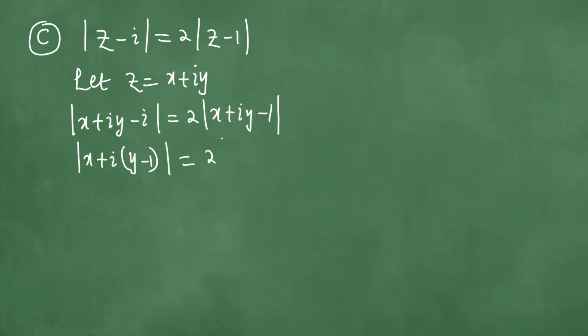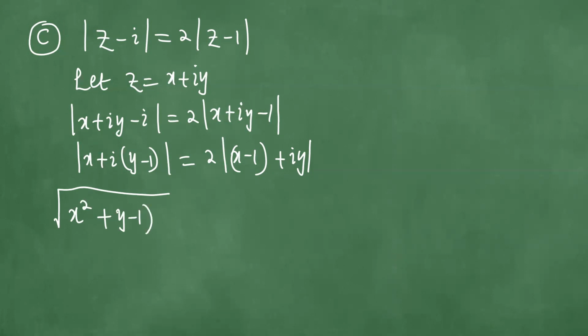So we have this one, and then the iy here like this. You take the square root of this, x squared, y minus 1. And here we have the square root like this, and we have y squared.